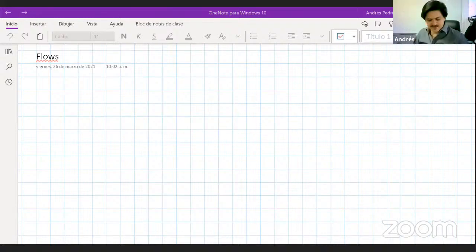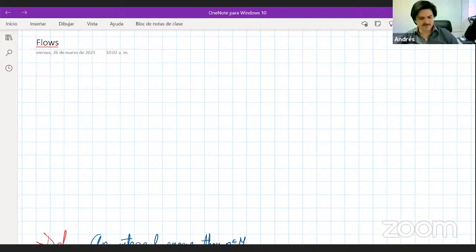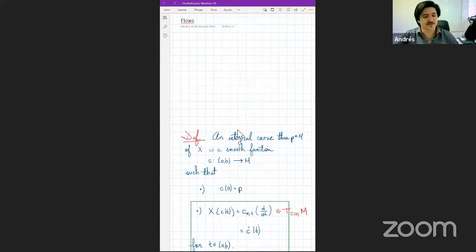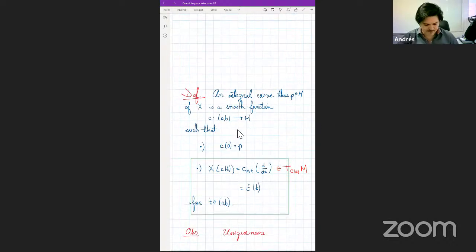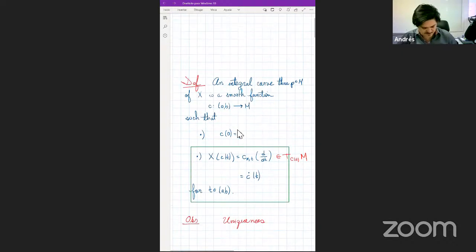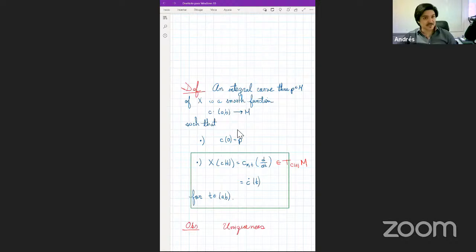And for that, to get the idea, it is important to have it only on Rn. We did it on a manifold, so this is the definition that we saw the last time.